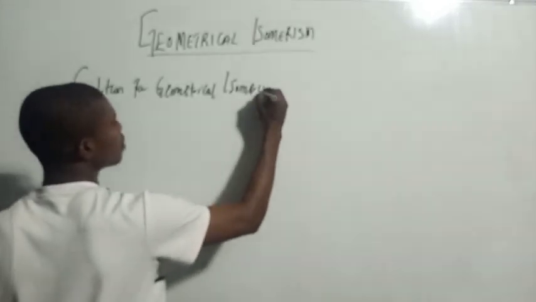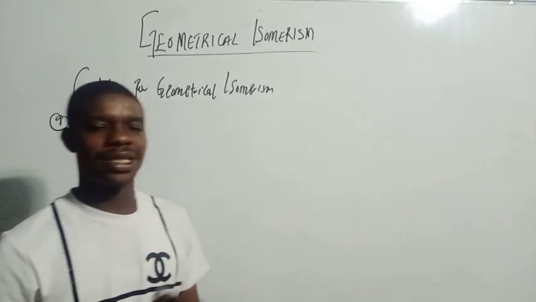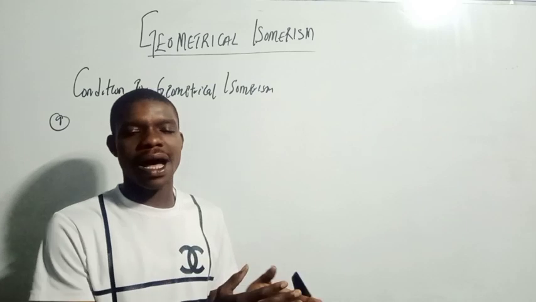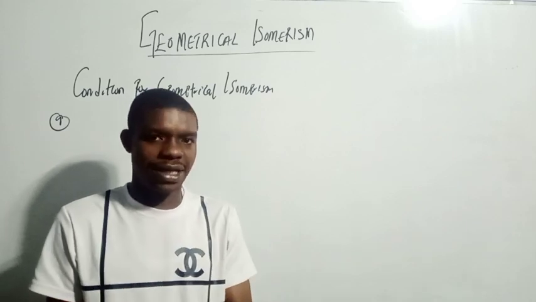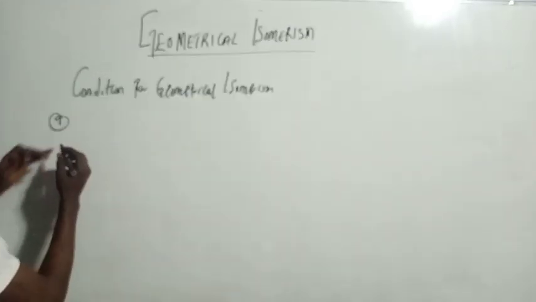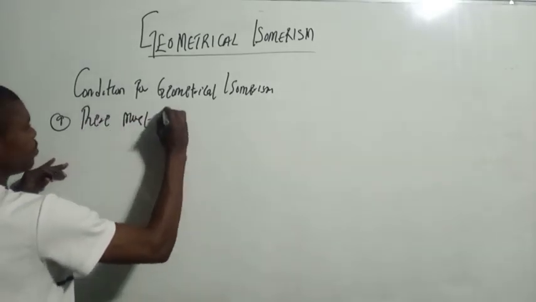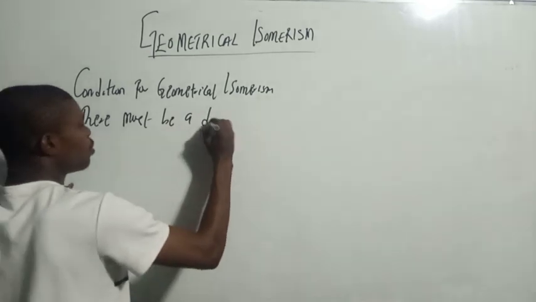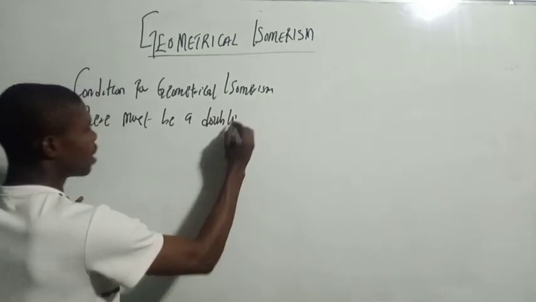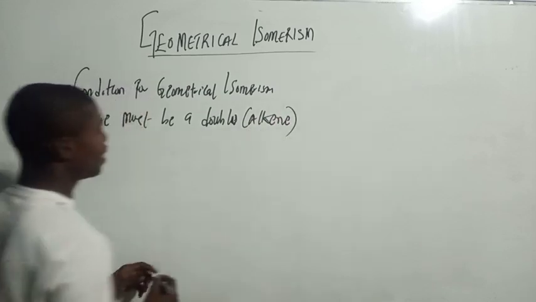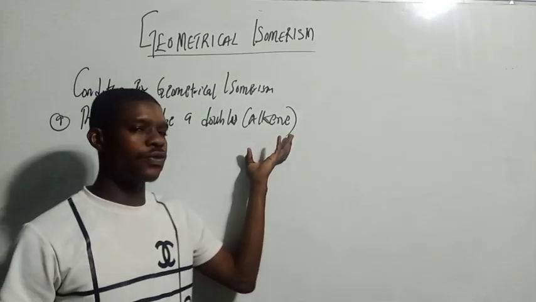There must be a carbon-carbon double bond in the alkene, and there must be a carbon-carbon single bond in the cycloalkene. So first of all, the condition is that there must be a double bond, since we are talking about the alkene.